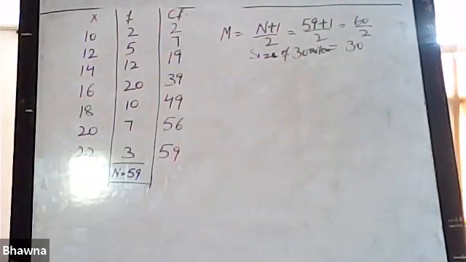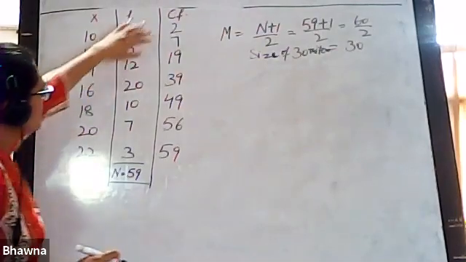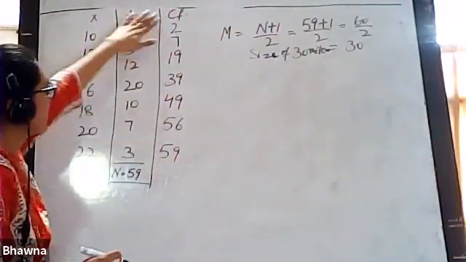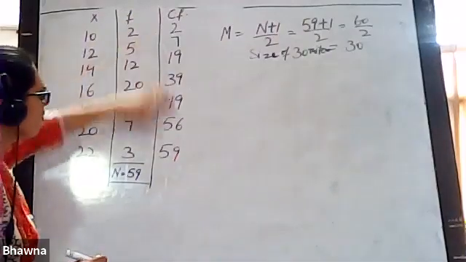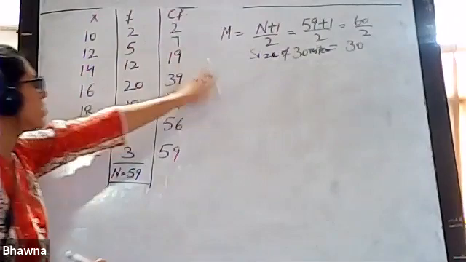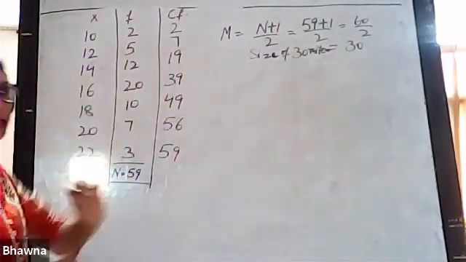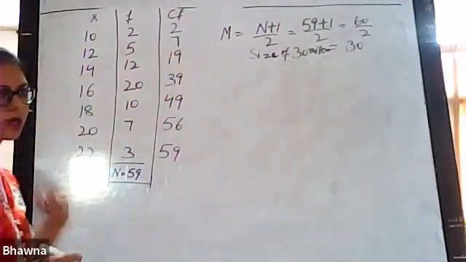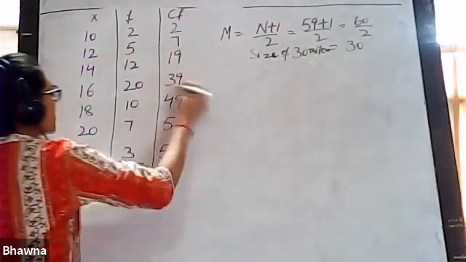Now we have to check the size of the 30th item. In this cumulative frequency column, there is no 30th item. So what comes after 30 in this series? That is 39.